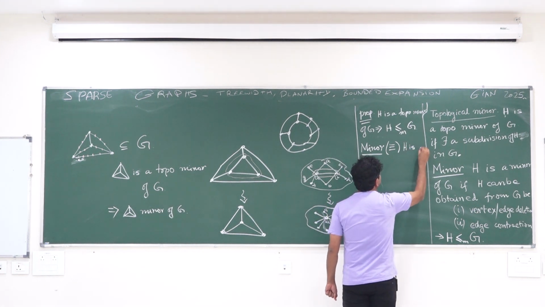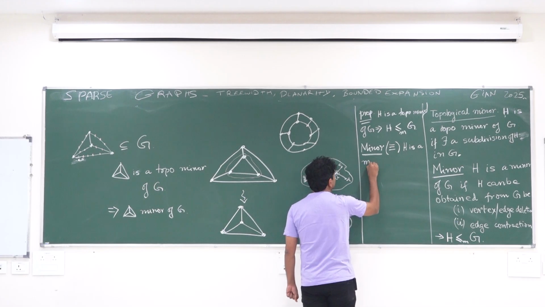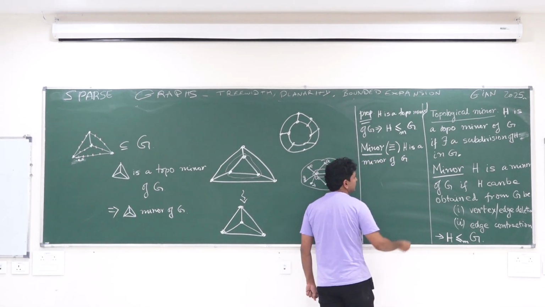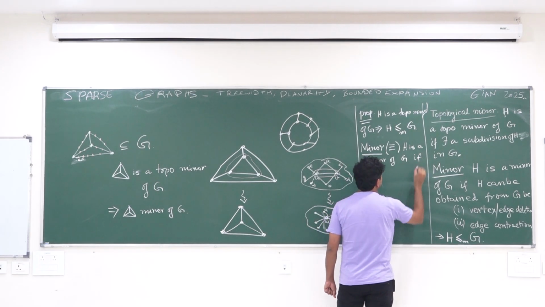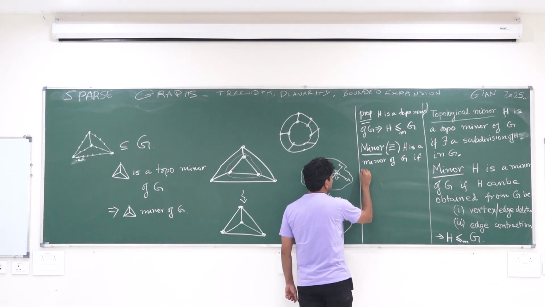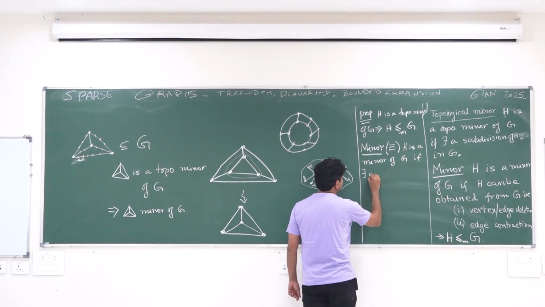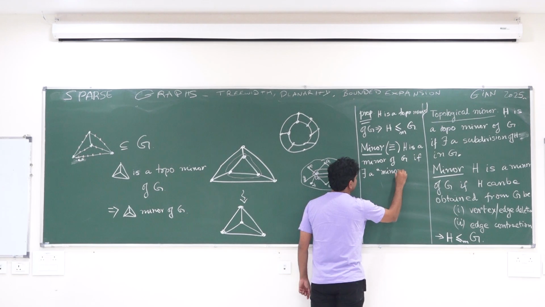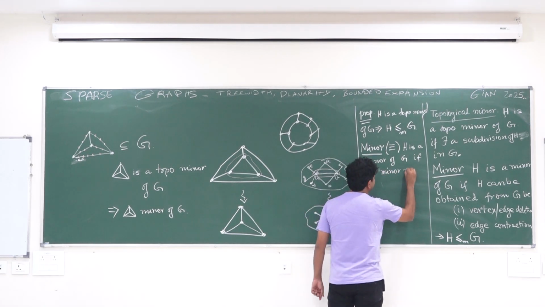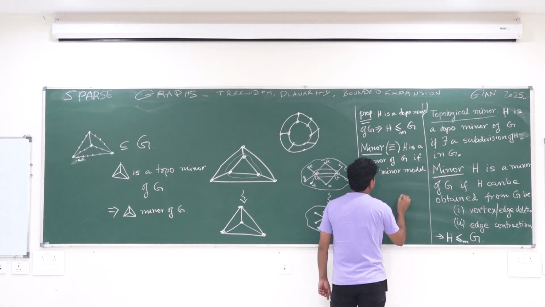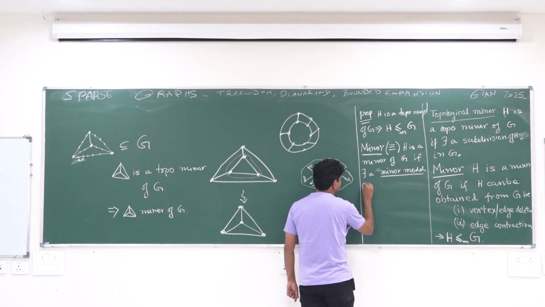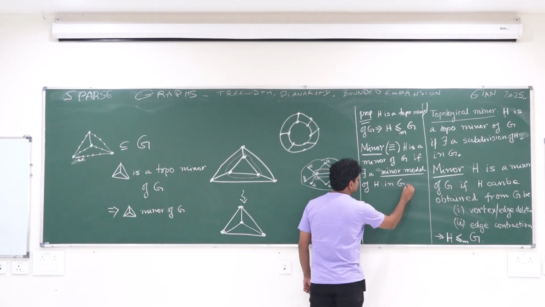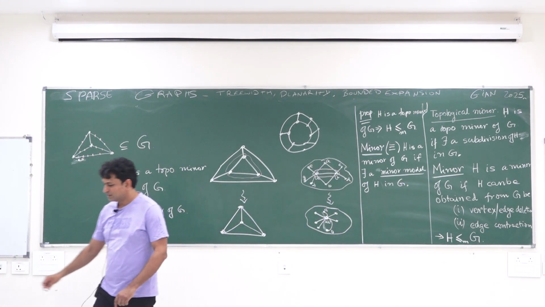H is a minor of G if there exists, so I'm actually defining this term also, a minor model of H in G. So now I will explain what a minor model is.